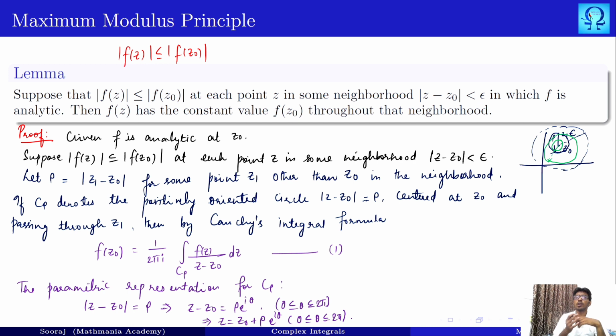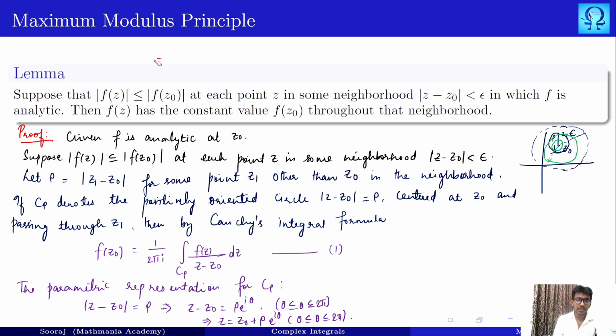If you talk about analyticity in a neighborhood, it means at all the points of the neighborhood the function is analytic. So if this condition is satisfied, then we can very well say that f of z is a constant. If you know the value of f of z naught, that is going to be the value of the function throughout that neighborhood. This is what we proved in this lemma.